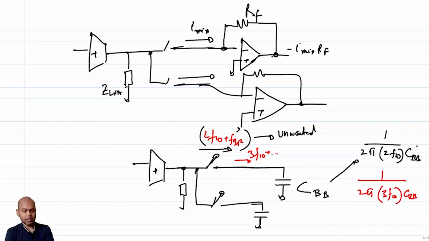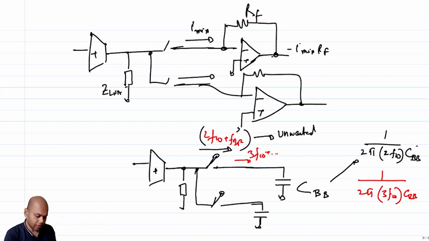As you can clearly see, as we deal with higher and higher sidebands of S of t, these components come because of mixing. So 2 FLO plus FIF arose because the 3 FLO component of our S of t got mixed with the FLO component of the input signal, right?